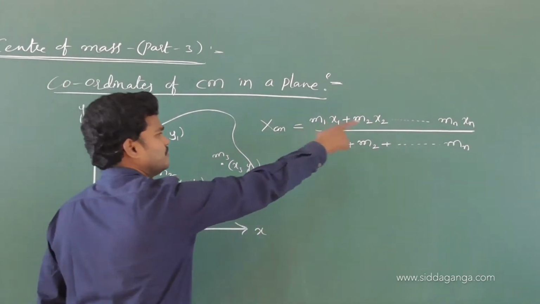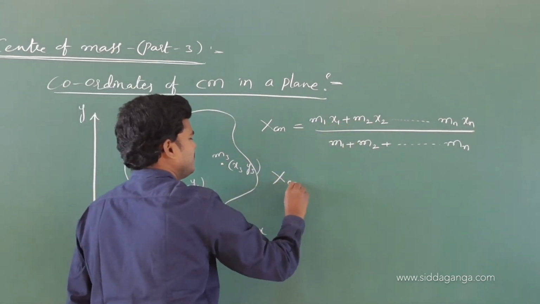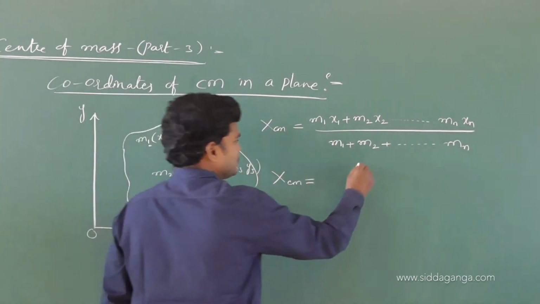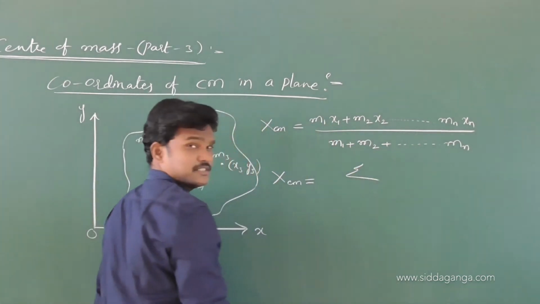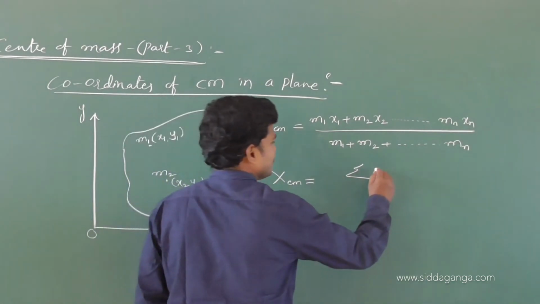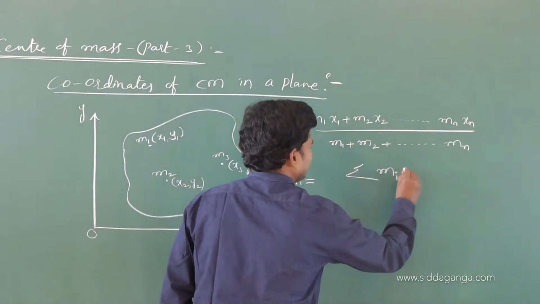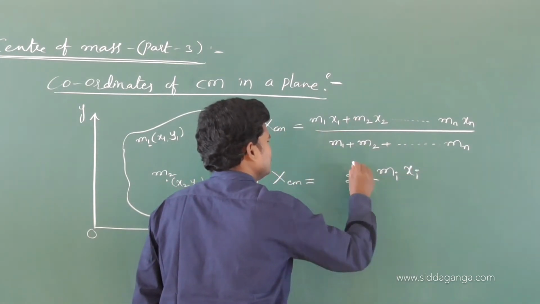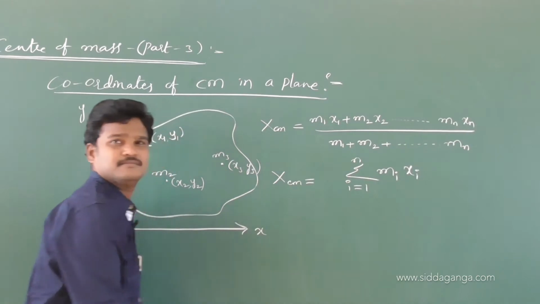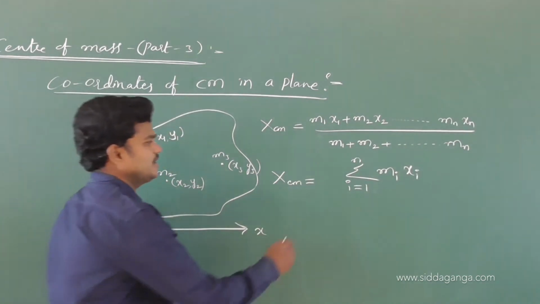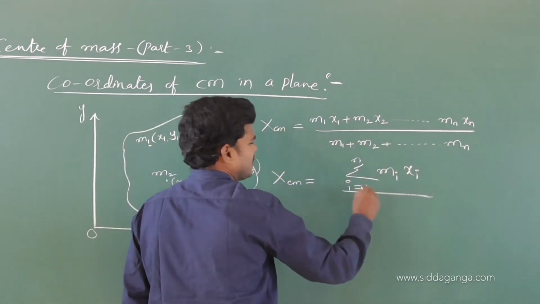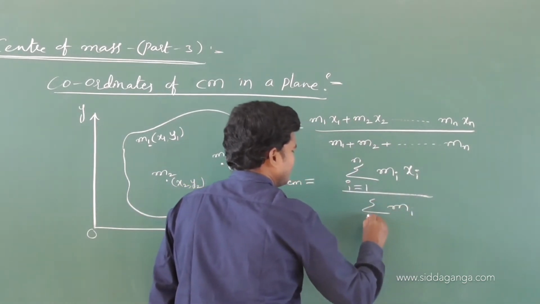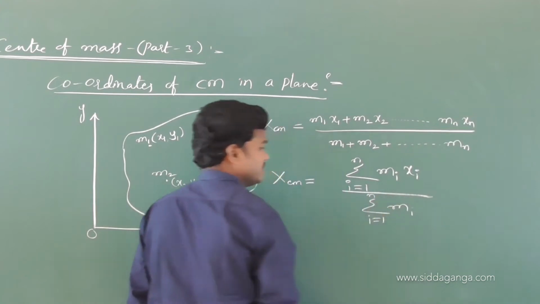Let me write this in a mathematical way with a summation symbol. I write sigma, or summation, of mi xi, where i starts from 1 and ends at n, and downside also the masses we can write as summation of mi, where i is equal to 1 to n.